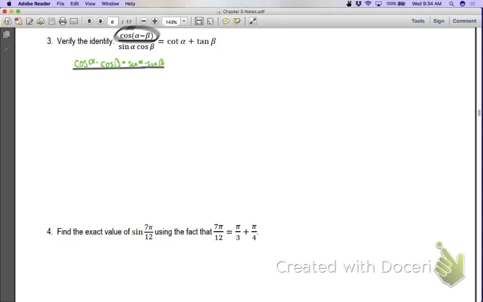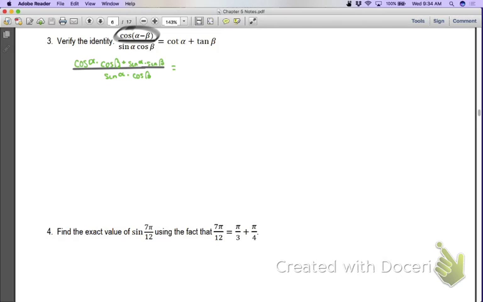Bottom side is what it is, and it's going to be sine of alpha times cosine of beta. I'm not going to worry about the right side for right now. I have one big long fraction. I have cosine of alpha and cosine of beta multiplied together. I have sine of alpha and sine of beta multiplied together. Then I have sine of alpha and cosine of beta multiplied together. I have one big fraction.